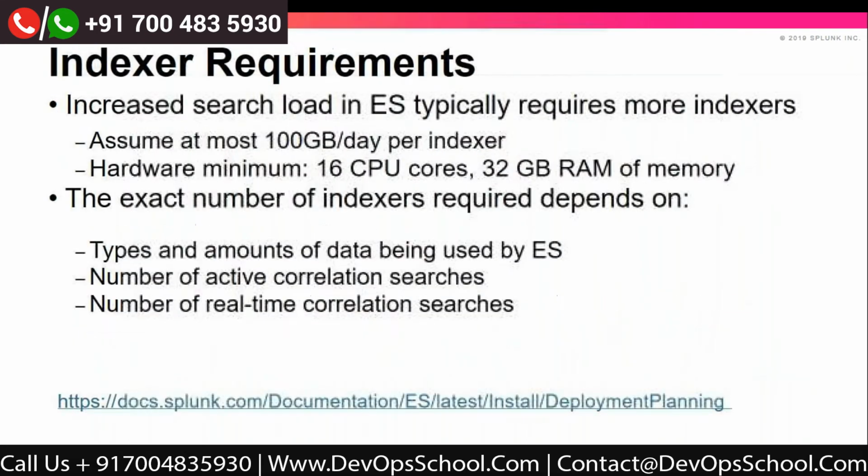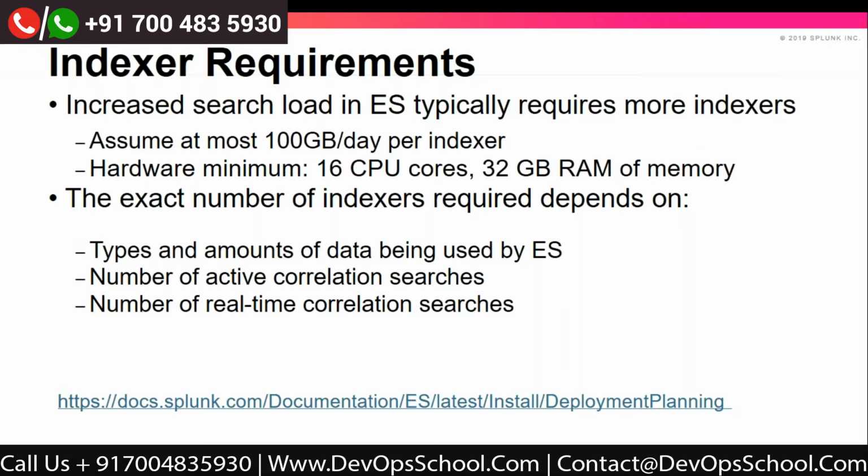For the indexer requirement, it totally depends on the IOPS. For Splunk Enterprise, our IOPS should be a minimum of 800. But in the case of Enterprise Security, IOPS should be more than 1200. And indexers can handle a maximum of 100 GB data per day.